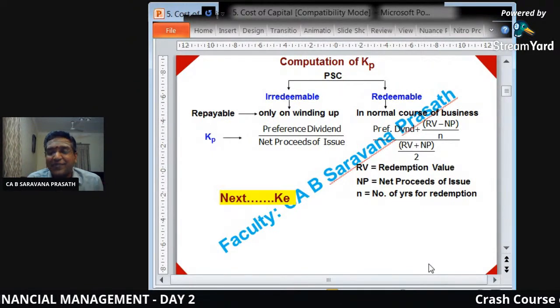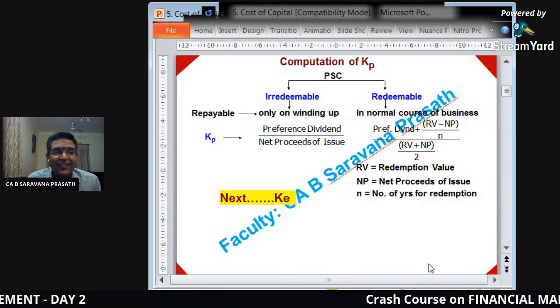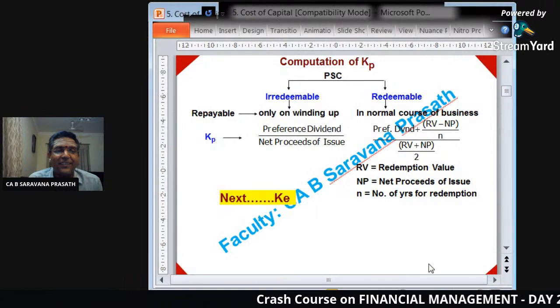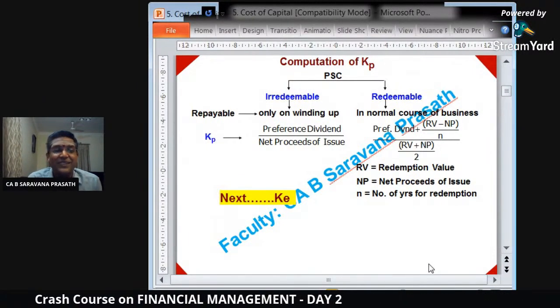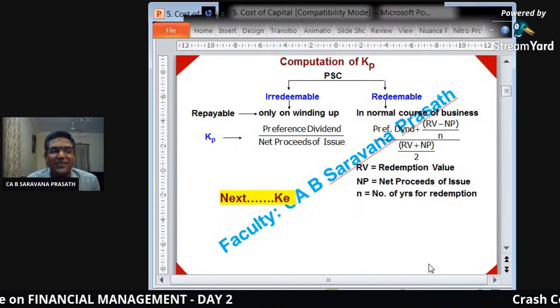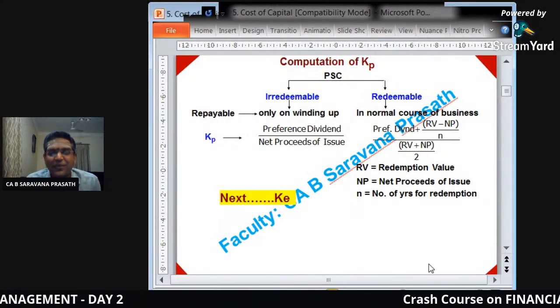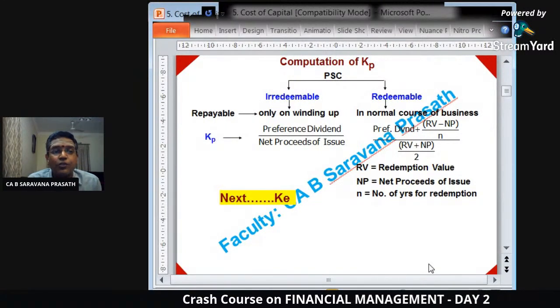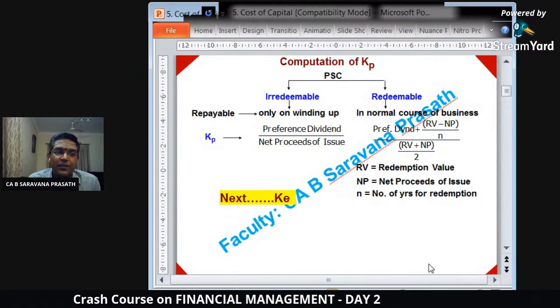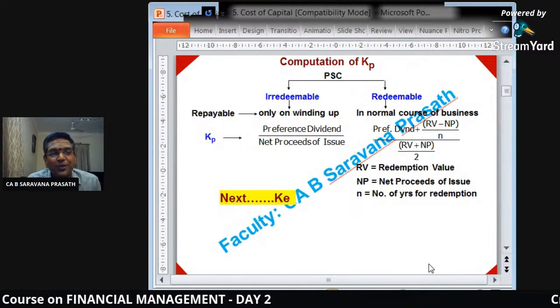I buy one share of that company and I expect 40% dividend. The company will pay 40%, but not on the market price, but on the face value. So 100 rupees is the face value. So I get only 40 rupees dividend, but my investment in that one share is equivalent to 2000 rupees.